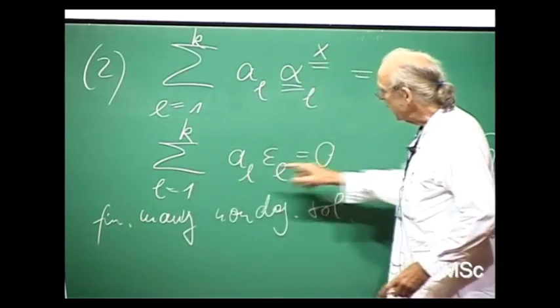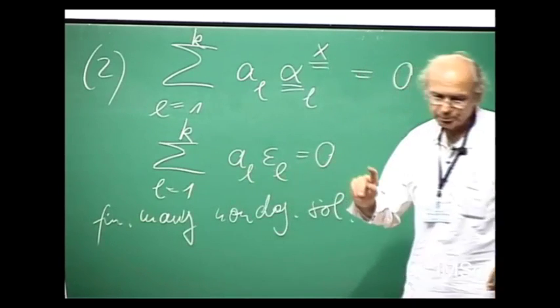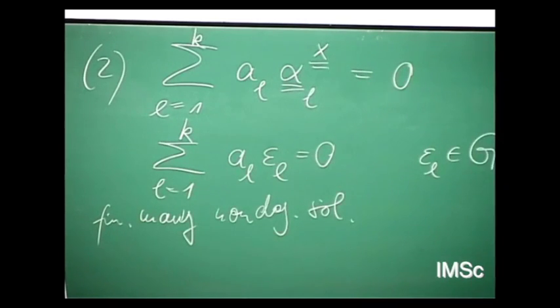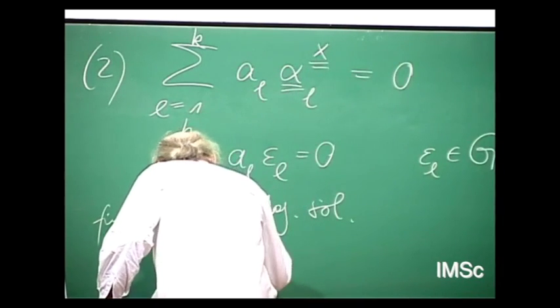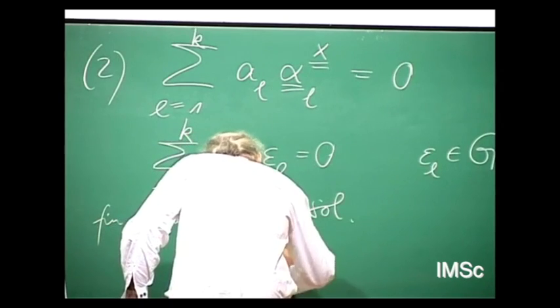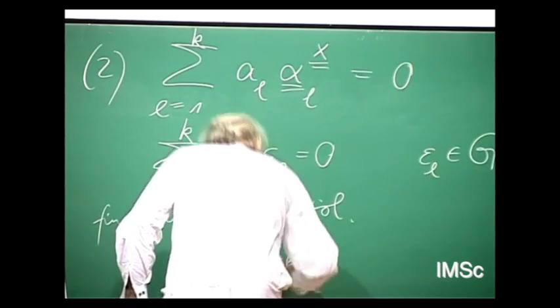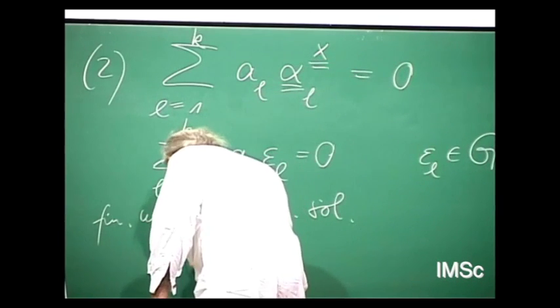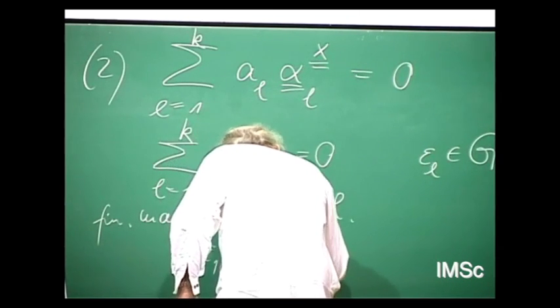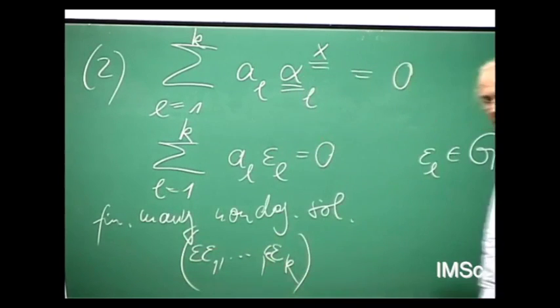Non-degenerate means that in this sum no proper subsum vanishes, and clearly enough, under solutions we mean the following: if we have a solution epsilon_1 up to epsilon_k all within our group, then also epsilon times epsilon_1, ..., epsilon times epsilon_k will be a solution.